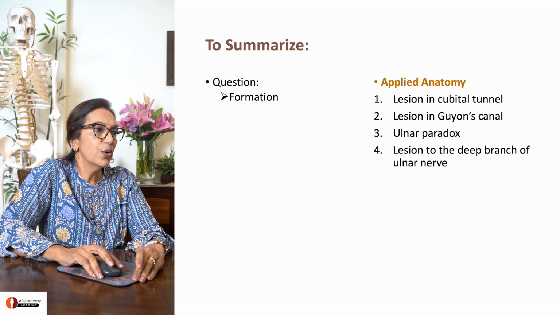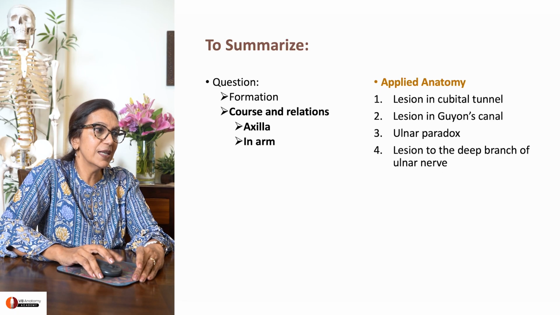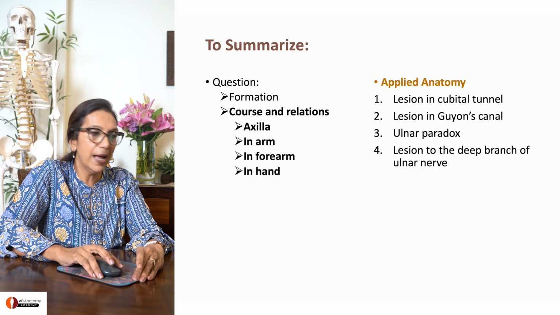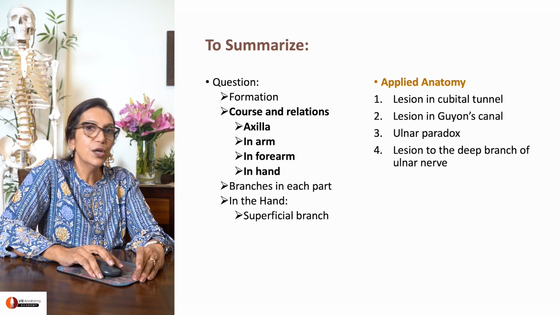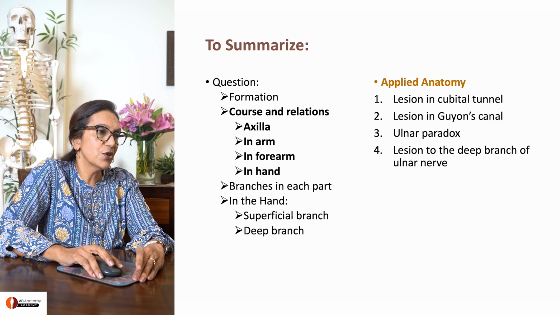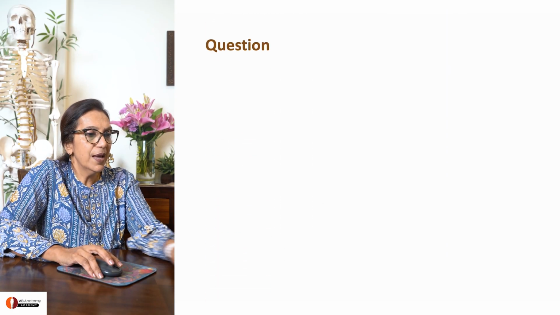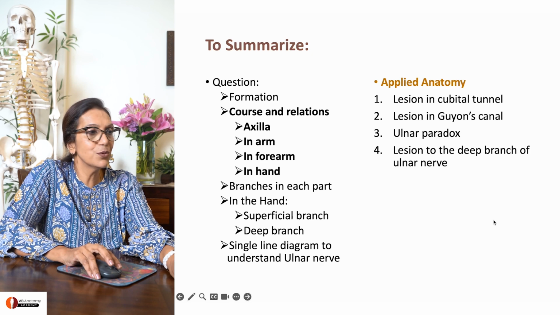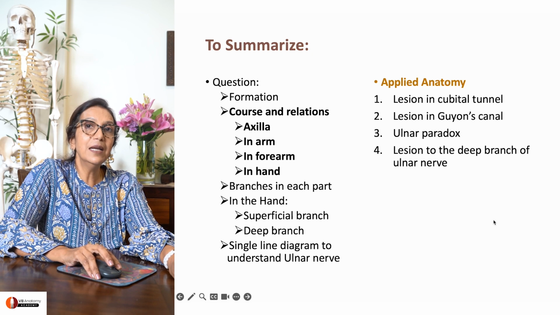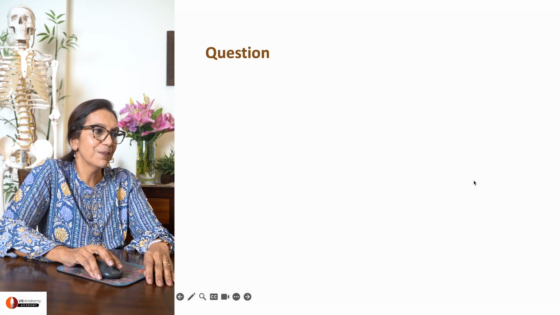So, we discussed formation, cause and relations in the axilla, arm, forearm and hand. We discussed branches of each part in the hand, superficial branch, deep branch, and then we discussed a single line diagram, and we also discussed the applied aspects in the cubital fossa, Guyon's canal, ulnar paradox, and lesion to the deep branch of ulnar nerve.